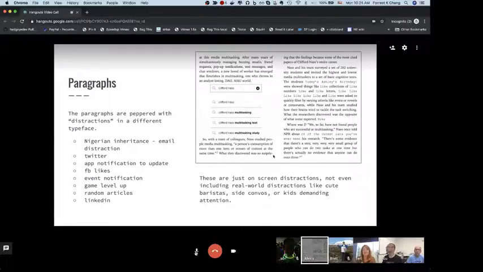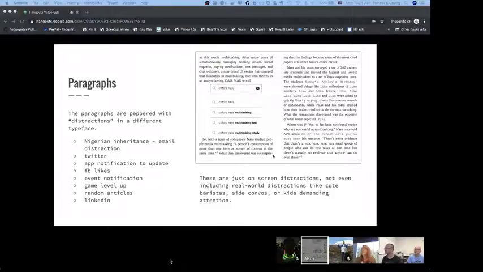So some of these examples are the ever popular Nigerian inheritance, email distraction, Twitter app notification, Facebook likes, event notifications, game level up, random articles, LinkedIn. And these are just some examples. It's not even going to cover everything.